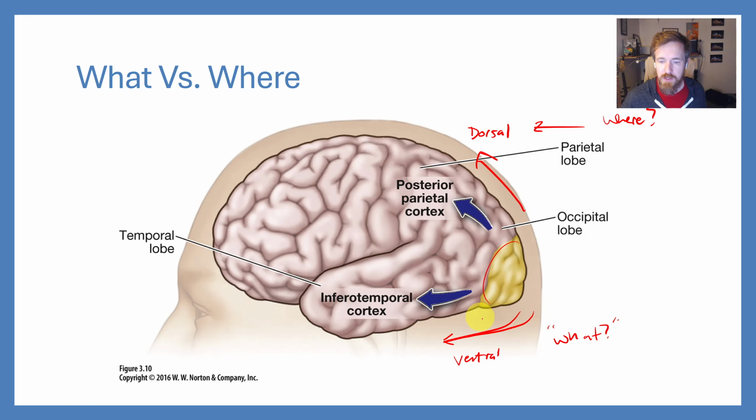So in other words, if you were to damage this part of the brain down here, you're still able to tell where things are, no problem. So that's the double dissociation. In other words, I can damage this area and it doesn't affect this area, and I can damage this area and it doesn't affect this one down here. So if I were to damage this up here, then I couldn't tell you where things are, but I could tell you what they are.